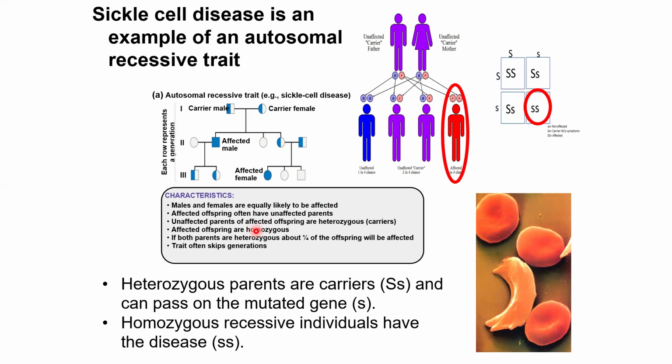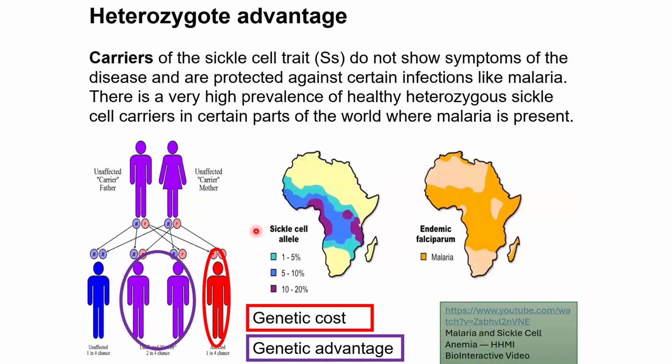And the effects itself show up in different generations, like it can skip a generation or two depending on how it was transmitted. So now carriers of sickle cell trait basically do not show symptoms of the disease, but they can also be protected from certain infections like malaria, in areas where there's a high prevalence of healthy heterozygous sickle cell carriers, in certain parts of the world where infections like malaria exist.